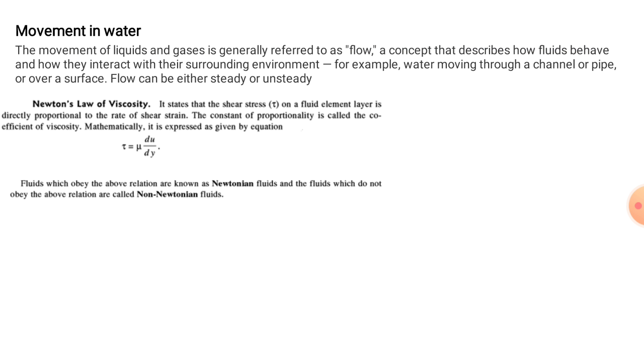Movement in water. The movement of liquids and gases is generally referred to as flow, a concept that describes how fluids behave and how they interact with their surrounding environment. For example, water moving through a channel or pipe or over a surface. Flow can be either steady or unsteady.